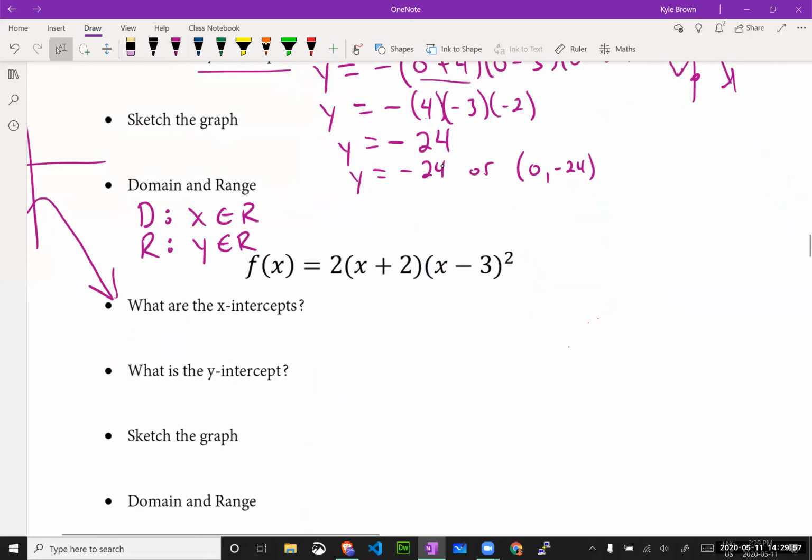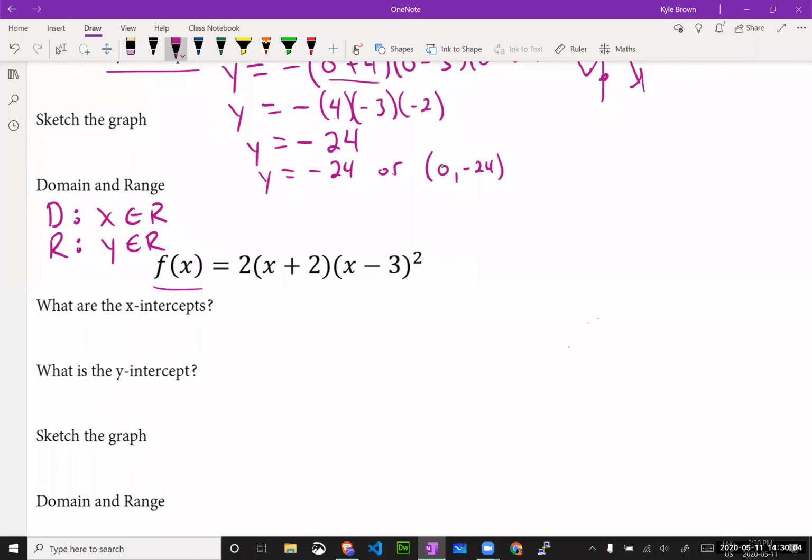All right, now looking at this one, what are the x-intercepts now? So notice, I just want you to notice with the squared there, that we could have written this thing to be the same thing to say this. f of x is equal to 2 times x plus 2, x minus 3, and then again times x minus 3, right?